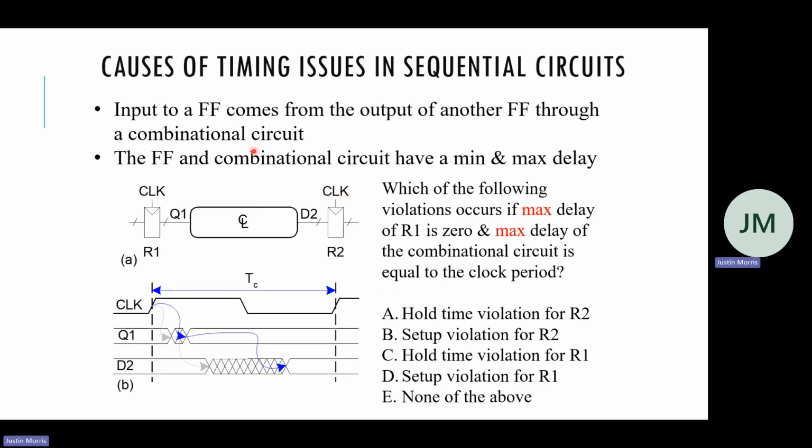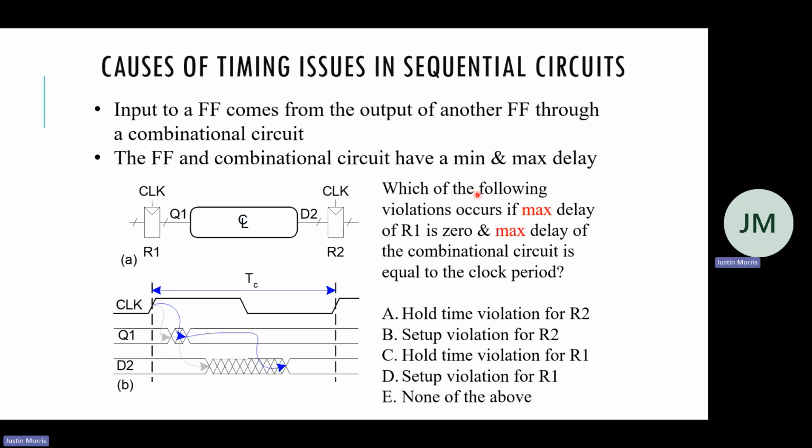All right, so this one I do want you to work on your own first. Your code for today is 209. So we have an input into a flip-flop coming from the output of another flip-flop, and it goes through a combinational circuit first. The flip-flop and combinational circuit have a minimum and maximum delay.